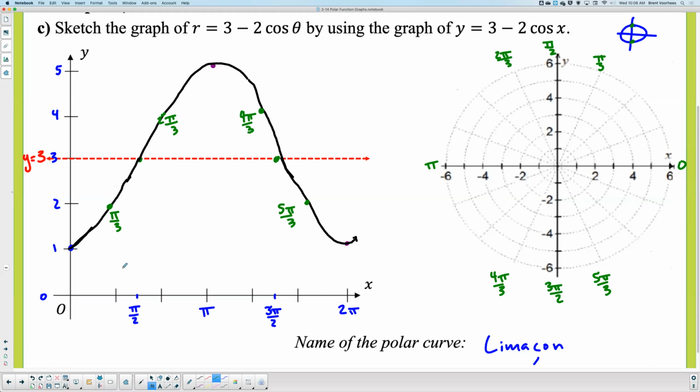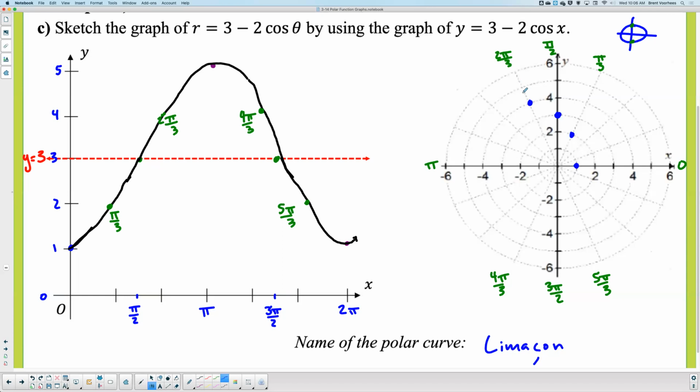Okay, so at 0, we go 1 unit towards it. Plot a point 1 unit towards 0. At pi over 3, we go 2 circles towards it, right there. At pi over 2, we go to the 3rd circle. At 2 pi over 3, go to the 4th circle.